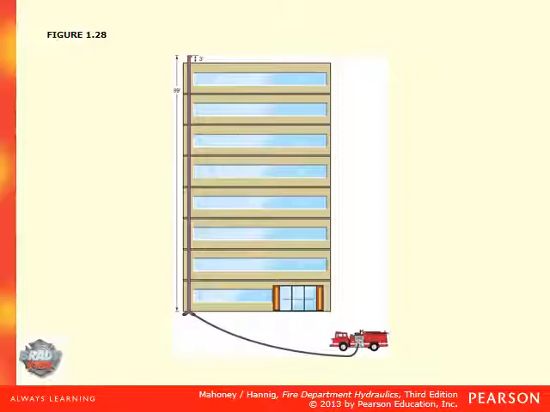Since we're on the first floor, we're going to say that this is only 8 stories, because we're counting: 1, 2, 3, 4, 5, 6, 7, 8. So 8 times 12 is 96 feet. And then 96 feet times 0.434 will give us a back pressure of 41.7.